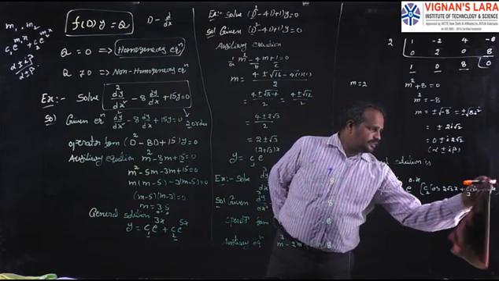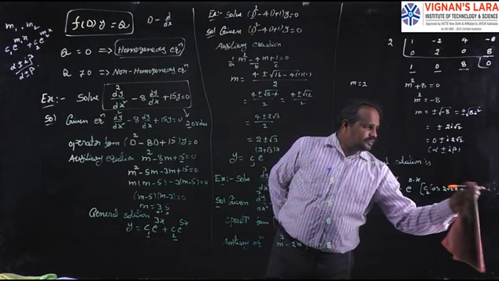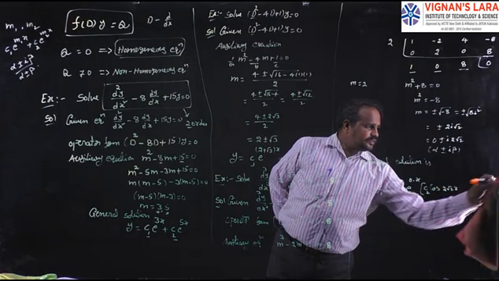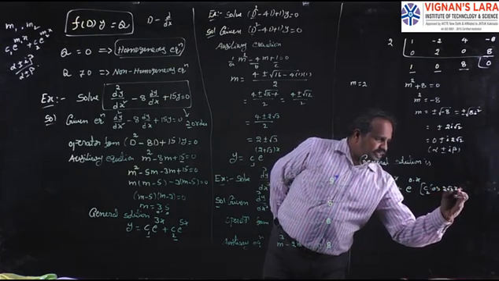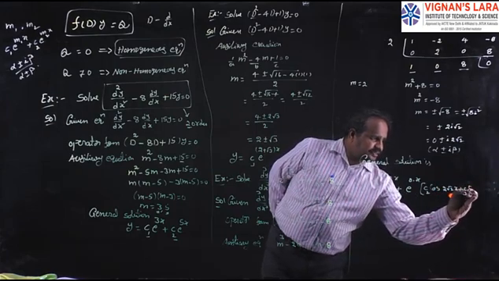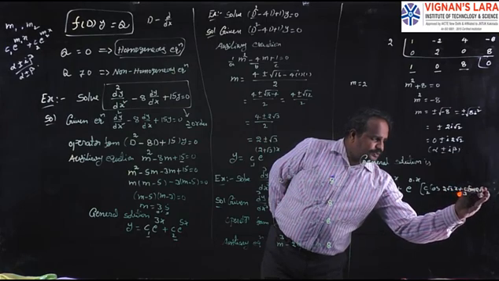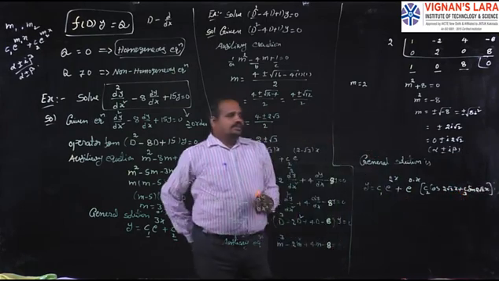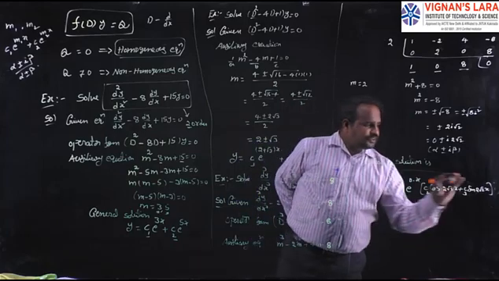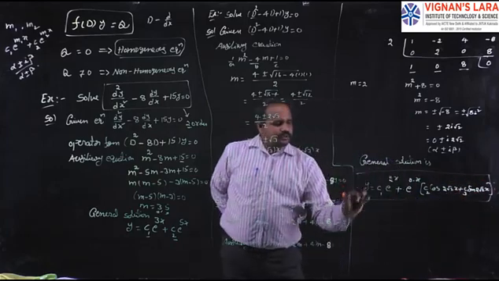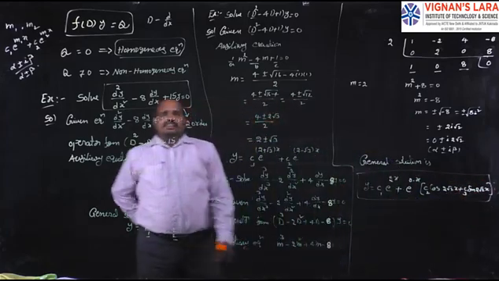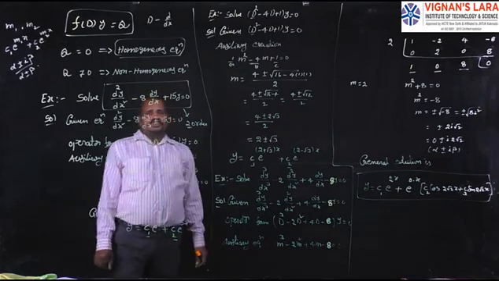Plus c3 into sine 2 root 2 into x. So this is called the general solution of the equation. So like this, we are evaluating the general solution to the homogeneous equations.